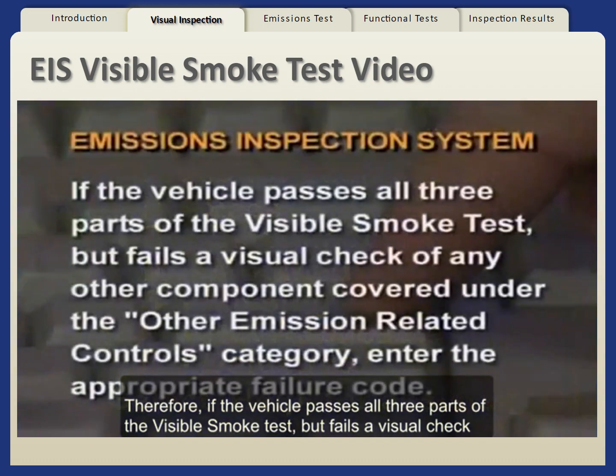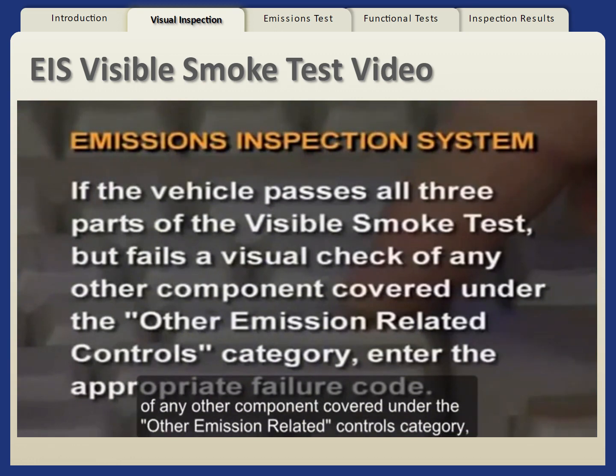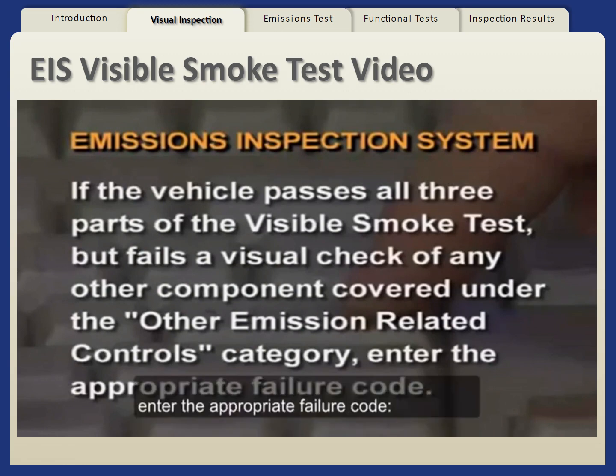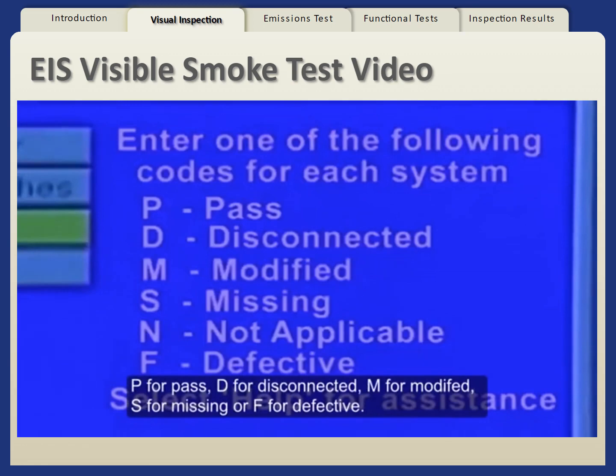Therefore, if the vehicle passes all 3 parts of the visible smoke test but fails a visual check of any other component covered under the other emission-related controls category, enter the appropriate failure code: P for pass, D for disconnected, M for modified, S for missing, or F for defective.